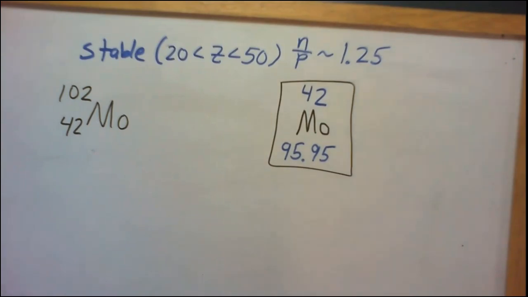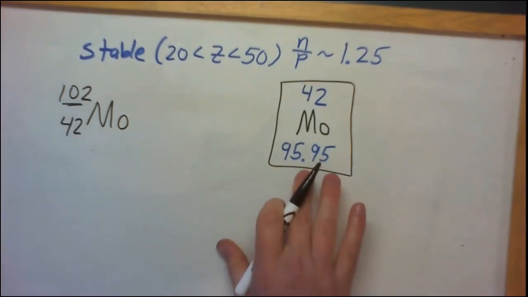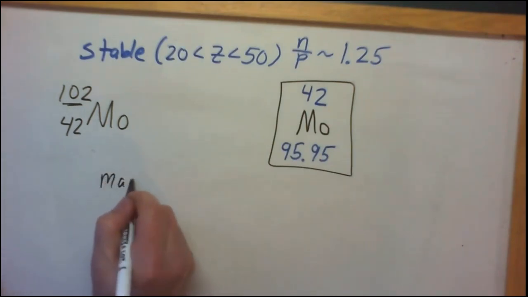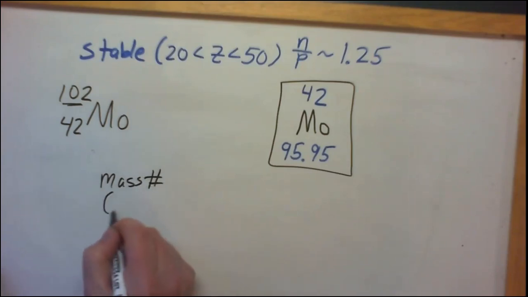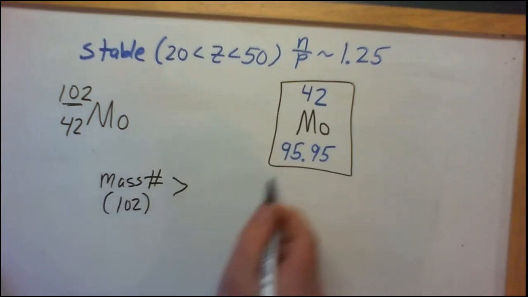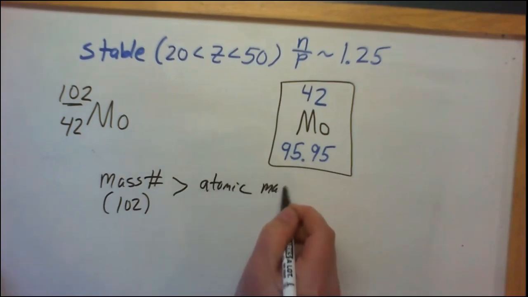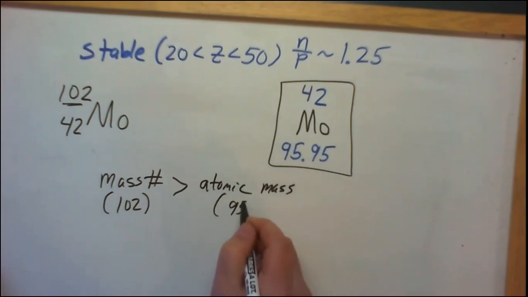We want to determine for molybdenum 102 what type of radioactive particle it should emit to have a more stable neutron-proton ratio. So one way to do that is we can compare the mass number of the particular isotope to its atomic mass. This is just information from our periodic table. So we can see that our mass number, the 102, is greater than the atomic mass of this particular element, which is 95.95.